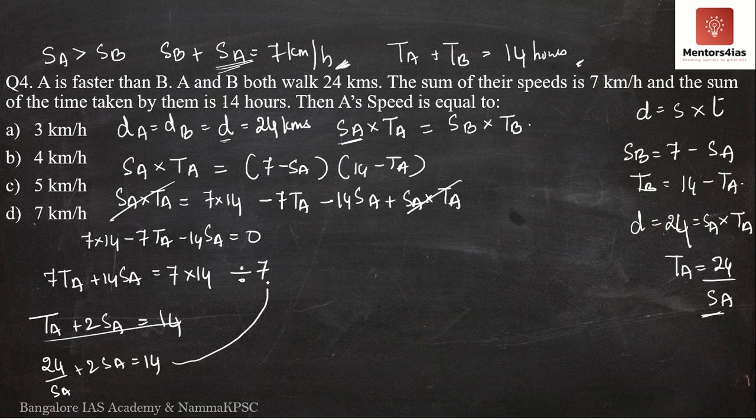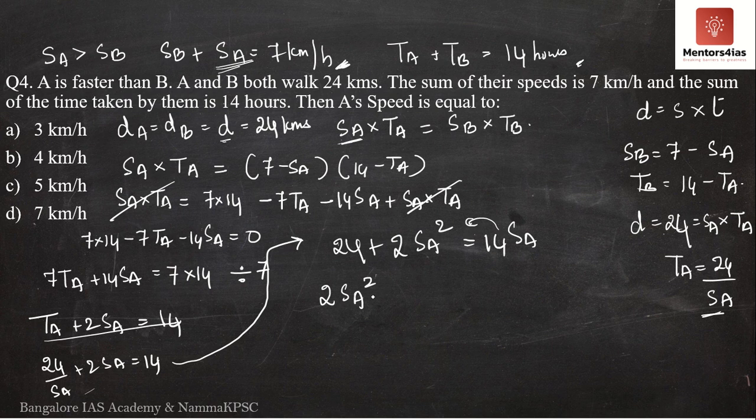Now I am taking this over here. So what do we get? I am multiplying by SA now. 24 plus 2SA square, I take SA to the right hand side, is equal to 14 SA. Now I bring this to the left hand side. So now I have a quadratic equation. Let me divide the entire equation by 2.